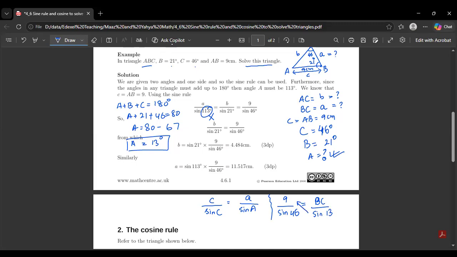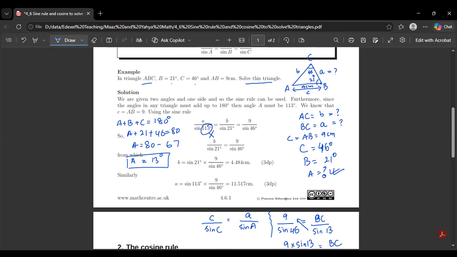Now we will shift this over there: 9 times sine 13 by sine 46 equals BC. You just plug the values in the calculator, and you'll get the answer.